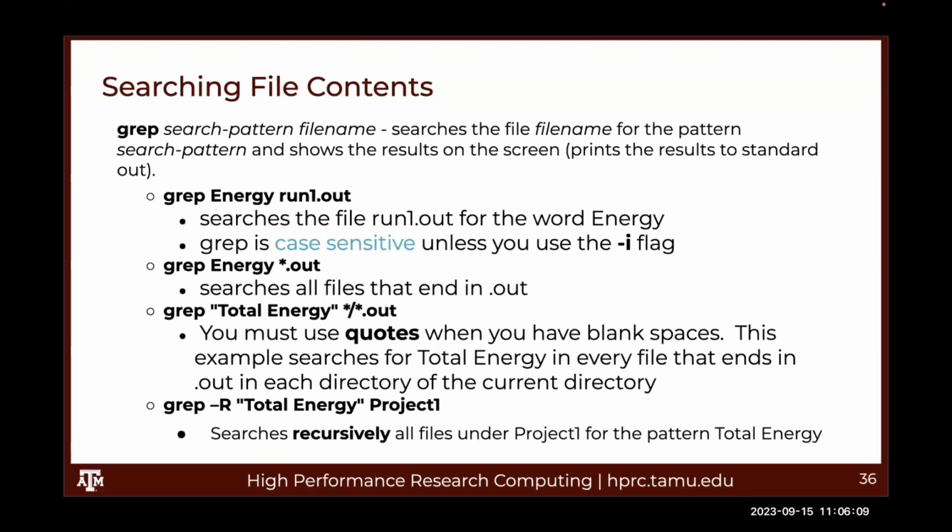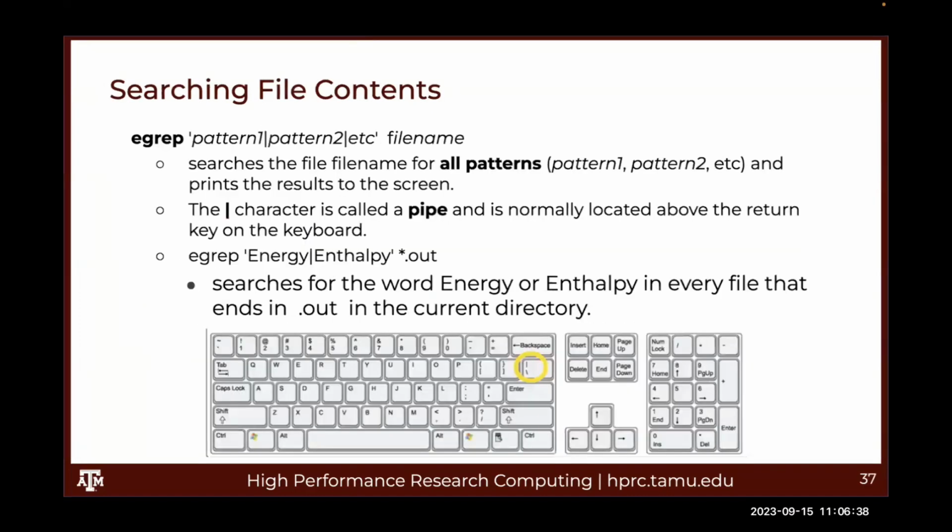If we are looking in our fundamentals of Linux folder, it'll look in test1, test2, test3 for any file that ends in out. And then again, you see the -R for recursive, looking for total energy in all the files under the provided directory, project 1.